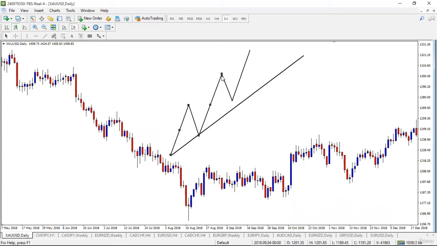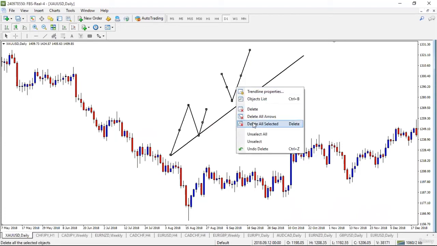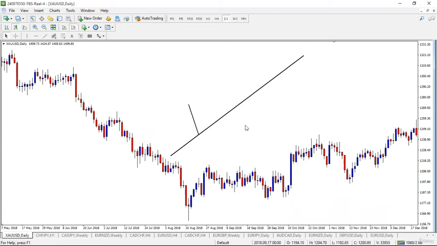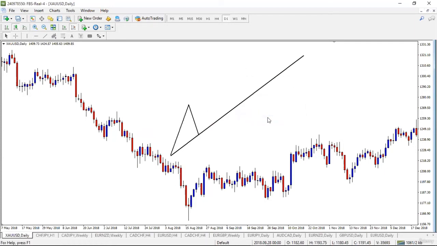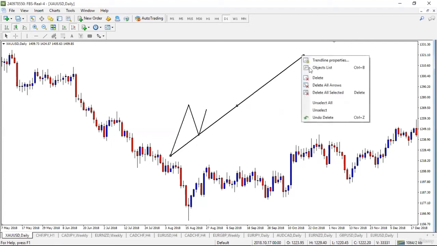If you have something like this, you don't have a valid trend line.